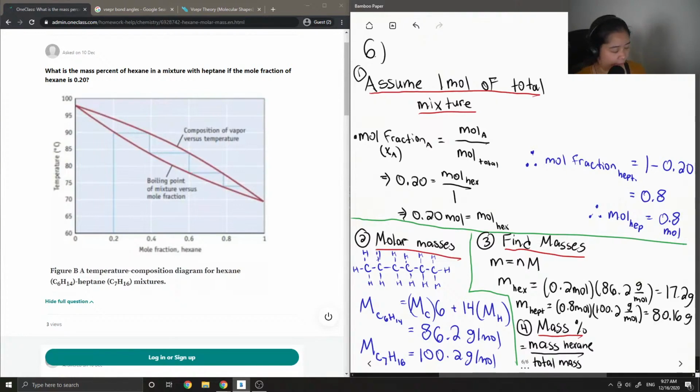I did not leave myself a lot of room, but we know the mass of hexane was 17.2 grams, and the total mass is just the 17.2 plus the 80.16 grams from the heptane, all of this times 100.